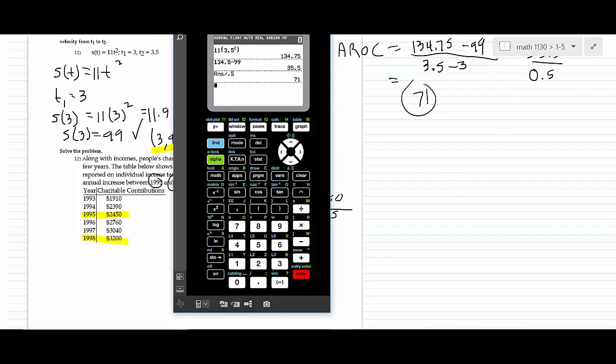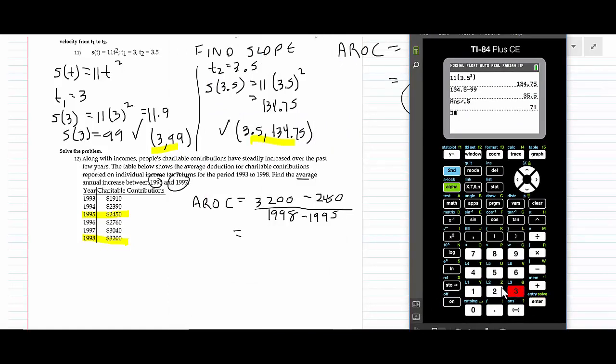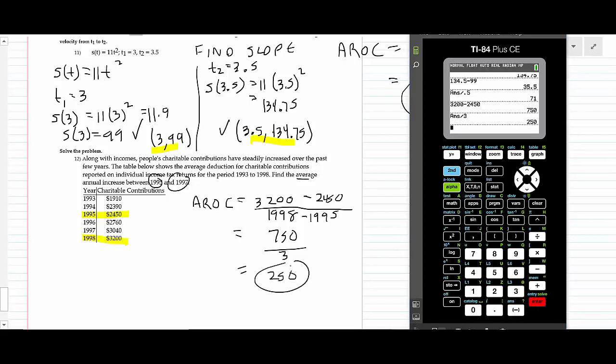So 3,200 subtract the 2,450 gives me 750, and that's divided by 3. If you do that, then you've got your average rate of change. The average rate of change is just comparing two points, and of course that average rate of change is generally going to be different between two different years. That should be real straightforward.